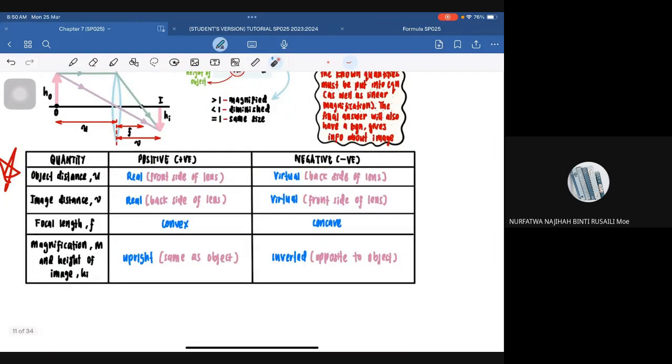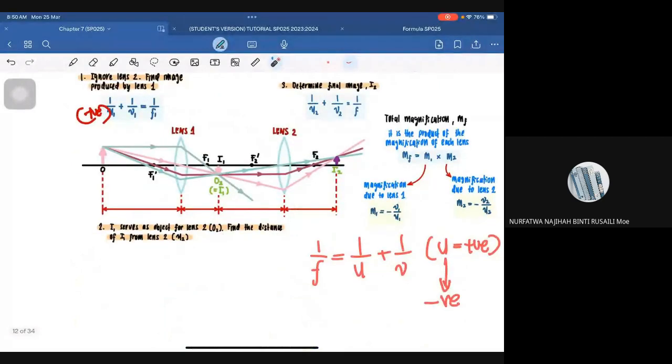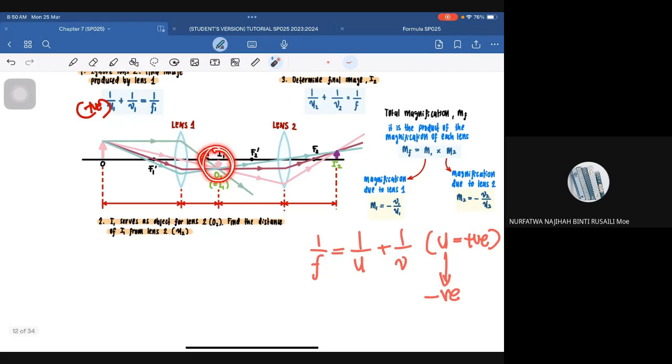Kalau image tu positif, dia akan at the back side of the lens. So, image yang positif akan bagi kita an image that is formed somewhere here. Okay, dia akan form at the back of this lens. So, this image will become the object untuk lens number 2.